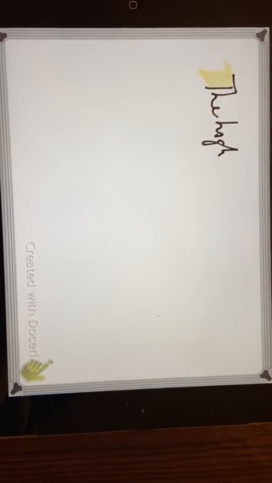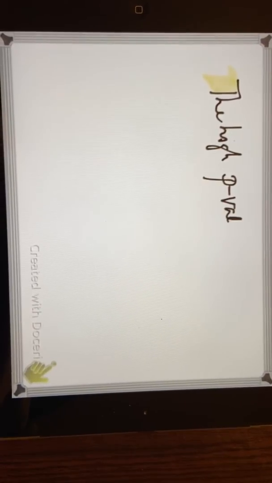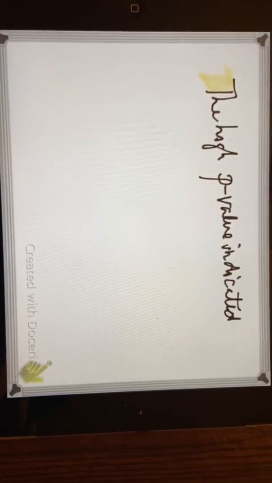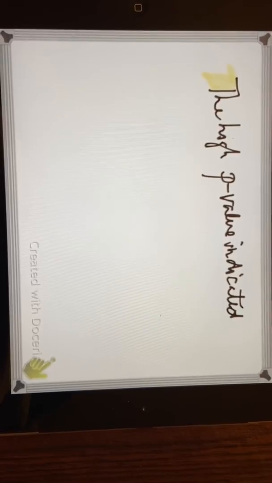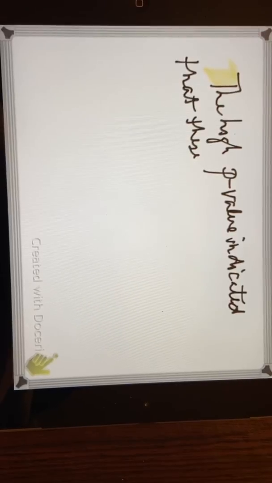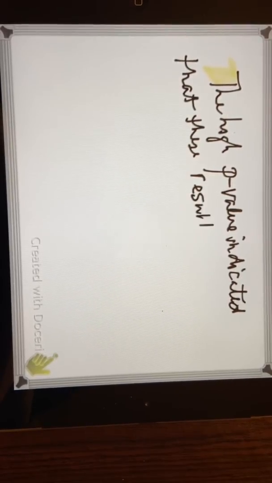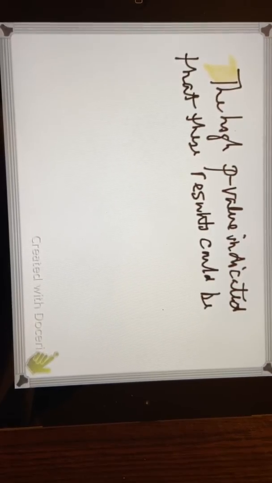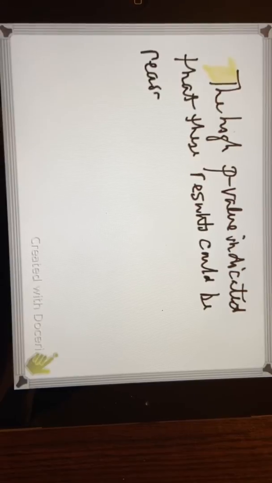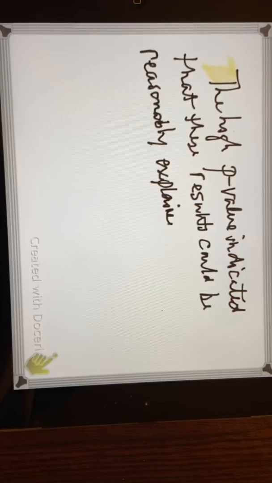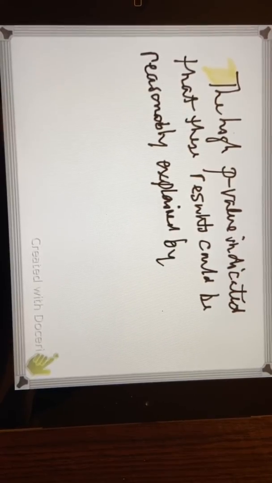Oops, sorry about that. The high p-value indicated, because it was high, we didn't get to reject, indicated that these results could be reasonably explained by sampling error.